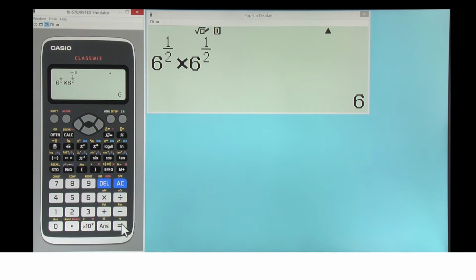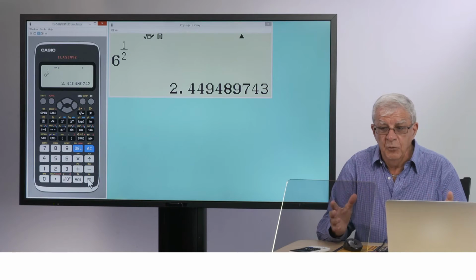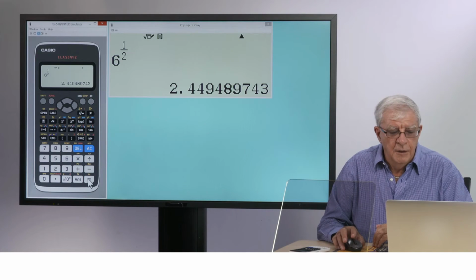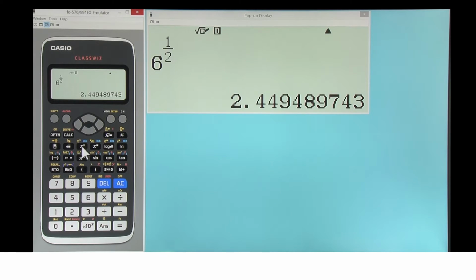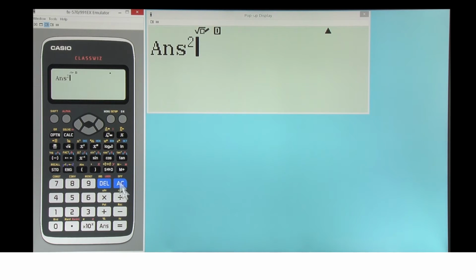Students can check these kinds of things directly, of course, on their class whiz. So they can enter 6 to the power 1/2, like so. See the value as a decimal, and then use the class whiz to find the square of the answer, the x squared key, and see that the answer gives 6.